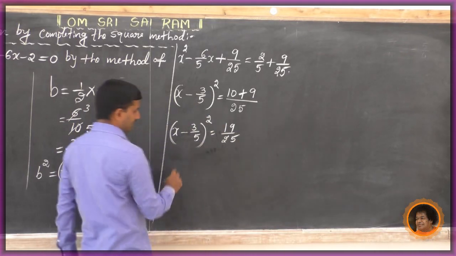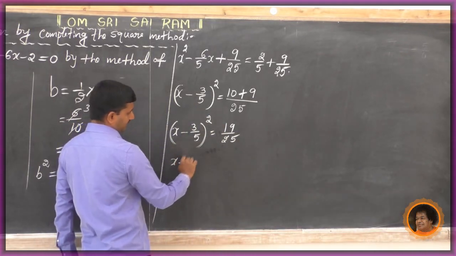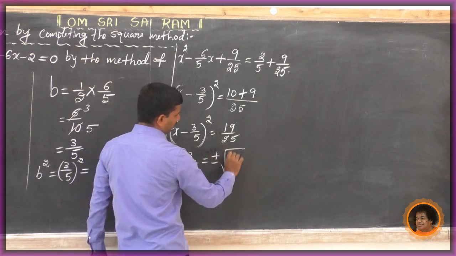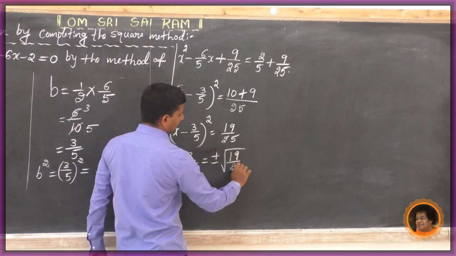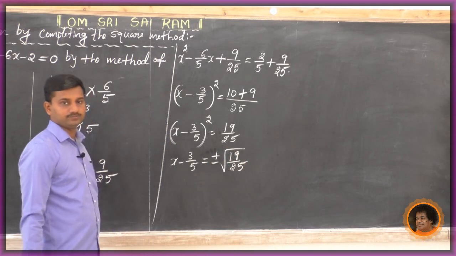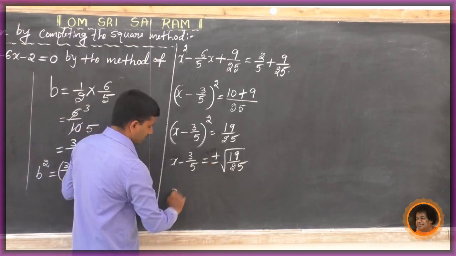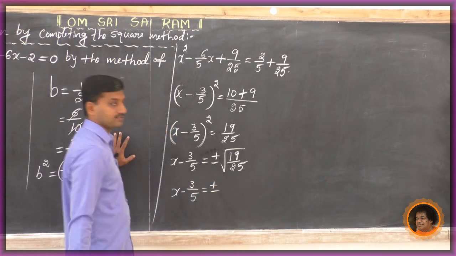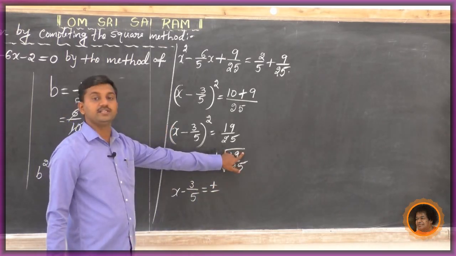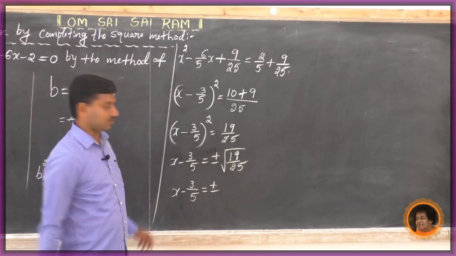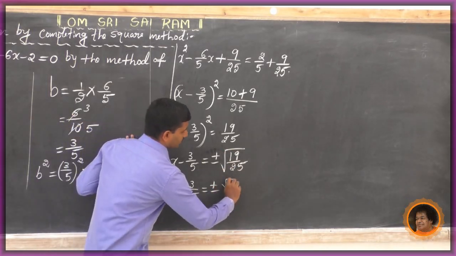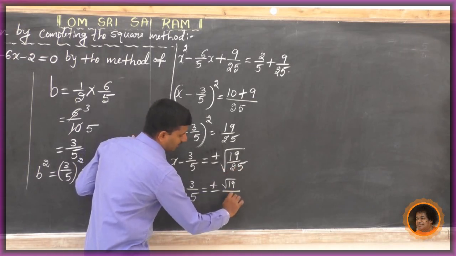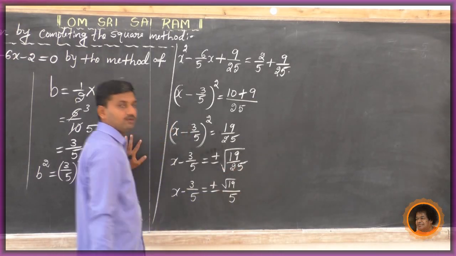Taking the square root on both sides, x − 3/5 equals plus or minus the square root of 19/25. 19 is not a perfect square, so the square root of 19 divided by the square root of 25, and the square root of 25 is 5.